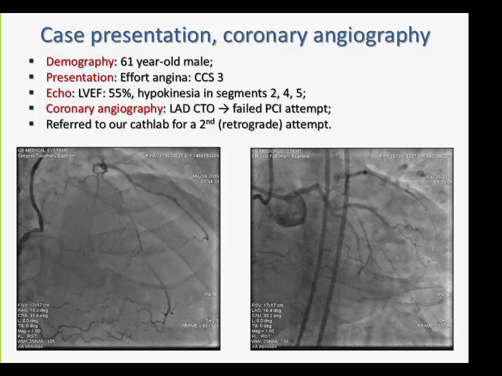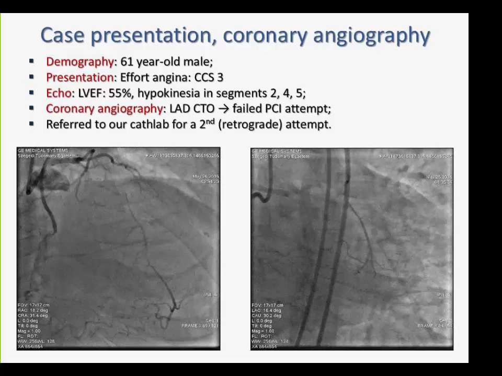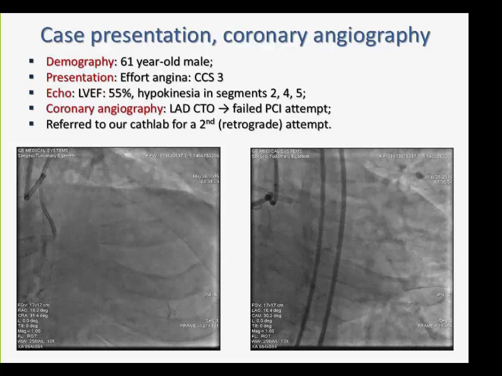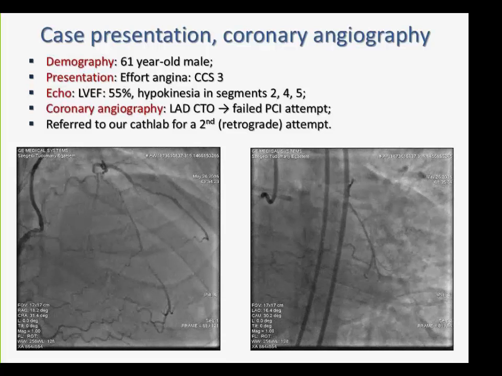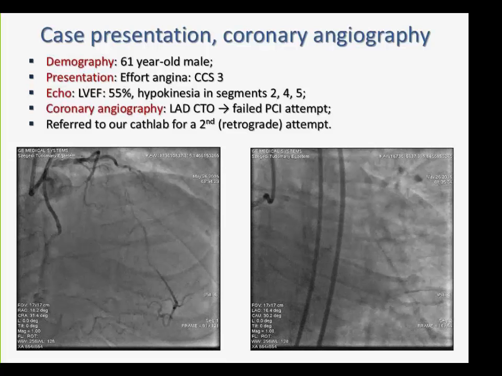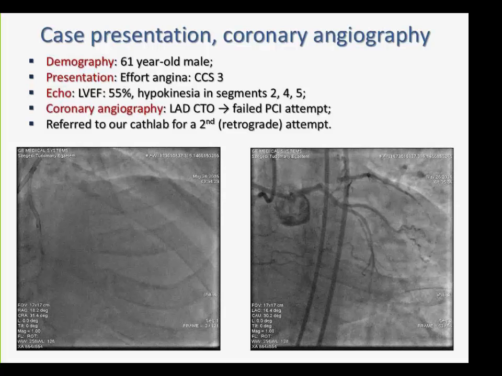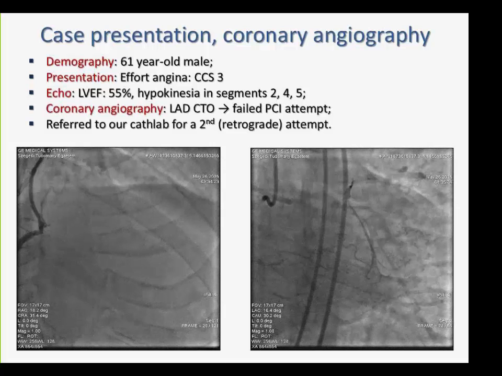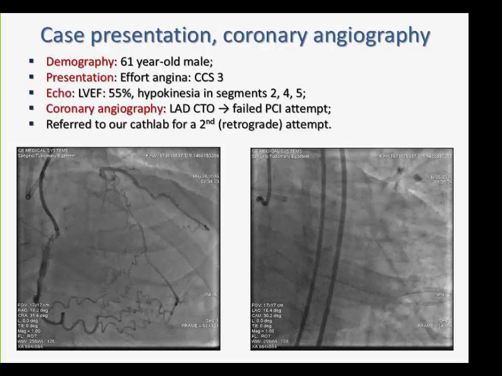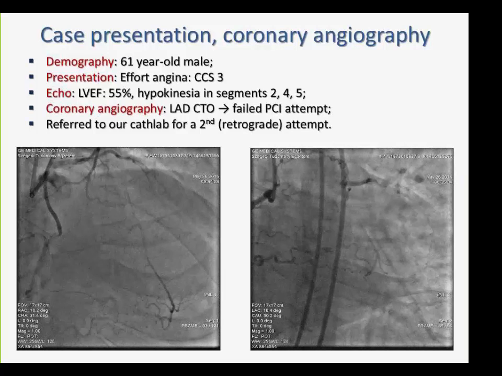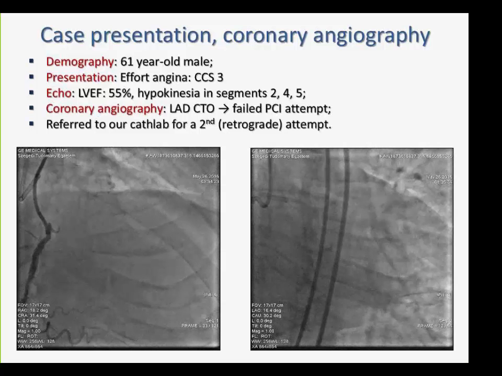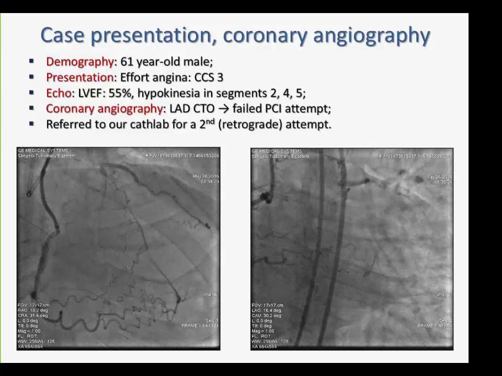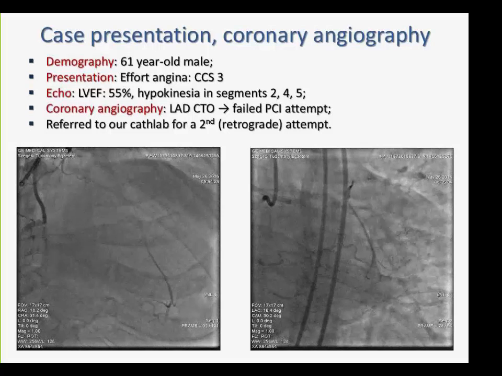And the reason why these collaterals were the only supply of the LAD is that there was also a distal PD CTO on the right coronary. So there was no option to get blood through the septals to the LAD. So I think that this patient is not suitable at all for retrograde.